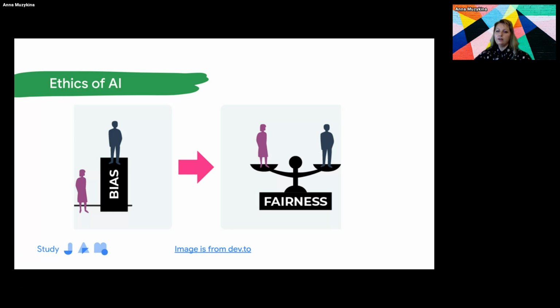An algorithm meant to correct grade inflation ended up downgrading students from lower socioeconomic backgrounds more often. This highlights a key issue. AI can amplify existing biases. That's why fairness and bias are so central in AI ethics.